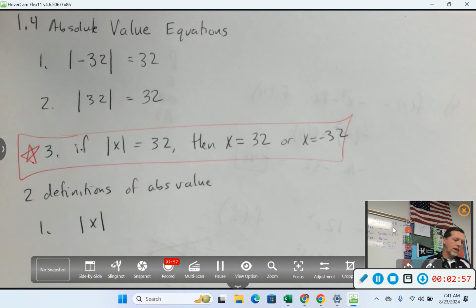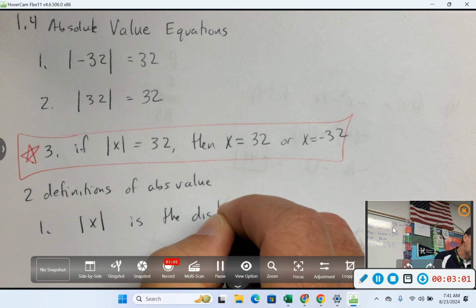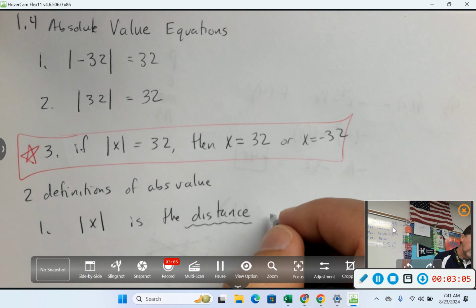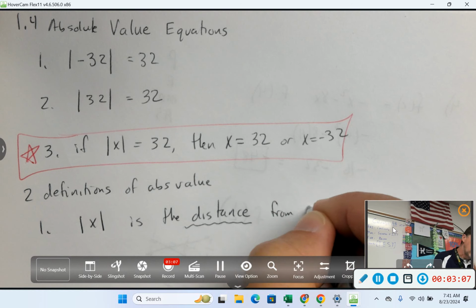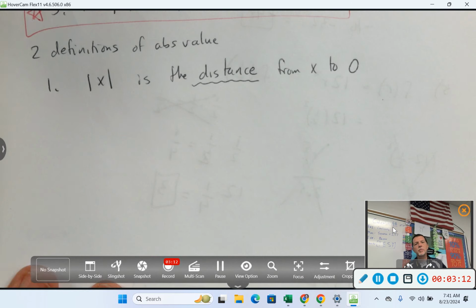The absolute value of x is the distance, and distance is always positive, from x to 0. It's like, how far is it from 0? That's why if the answer is 5, then there could be 2 places that are 5 away from 0.